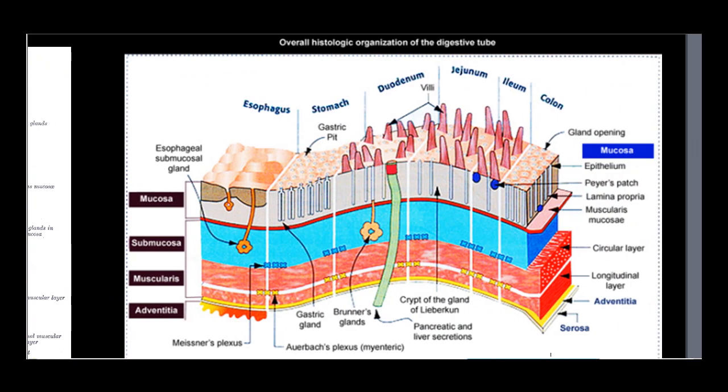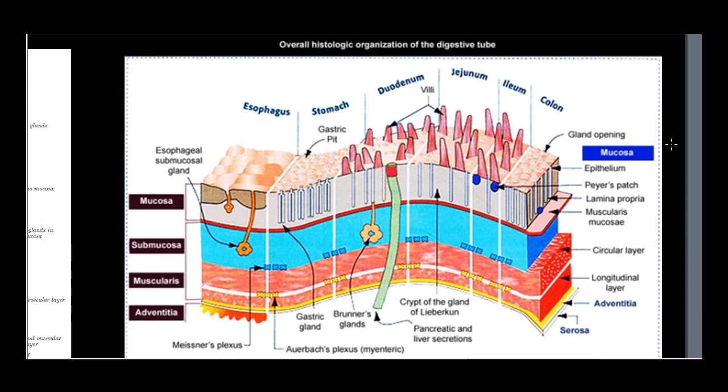And here is a really nice image of the overall histological organization of the digestive tube. I don't know where this image came from, and I would certainly cite it if I had known. It came from one of my lecture notes. But this is a nice feature because you see the esophagus, the stomach, duodenum, jejunum, ileum, which is all the small intestine, and then colon, which is the large intestine.